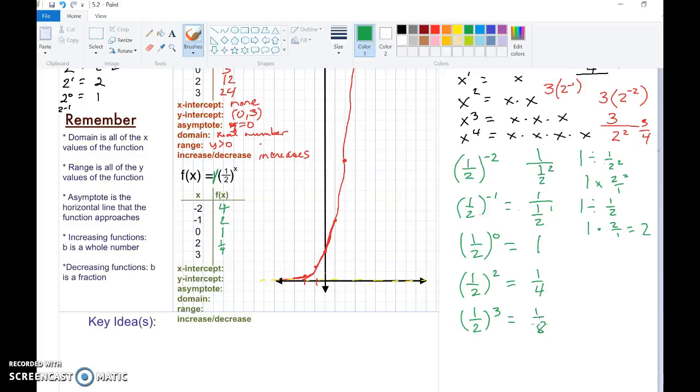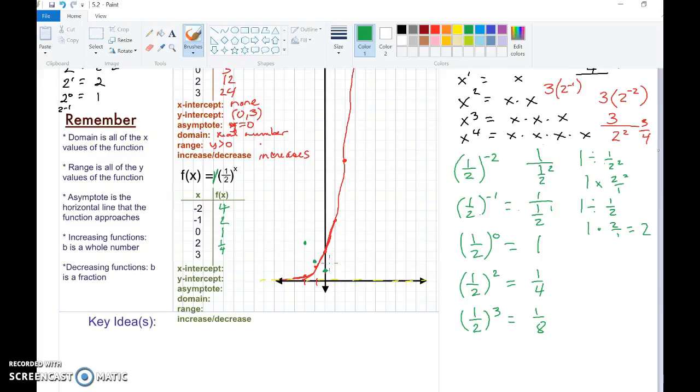Now let's go ahead and graph these. So -2, we say -2 is 4. So if we go to -2, we go 1, 2, 3, 4, right there. And -1 is 2, right there. And 0 is 1, okay.